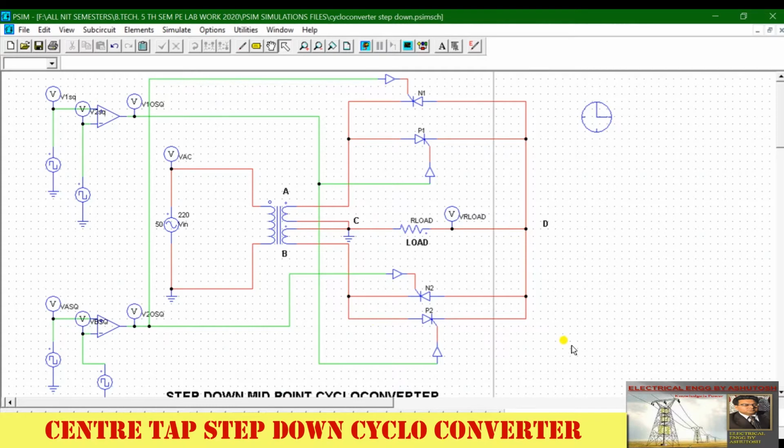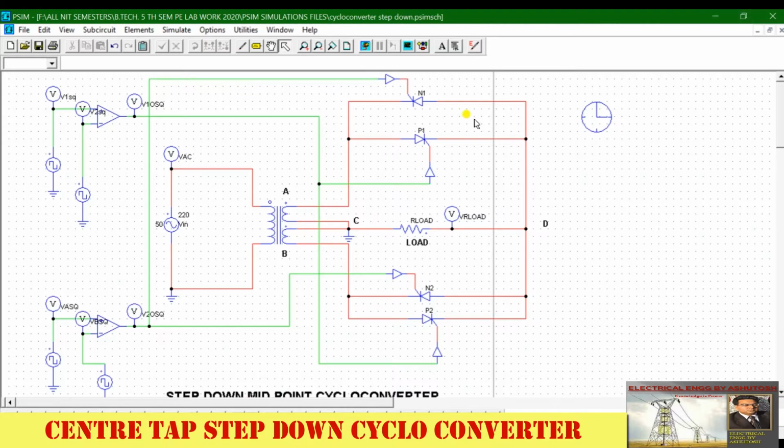And the step down cycloconverter is one in which the output frequency is less than the frequency of the input supply. According to the supply, there are single phase to single phase, center tap transformer configuration, and bridge configuration. Three phase to three phase and three phase to single phase cycloconverters are also there.